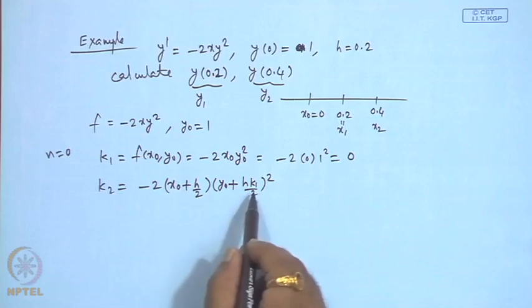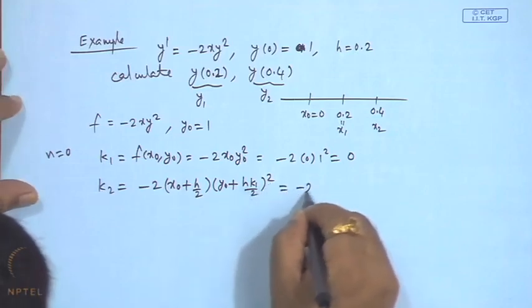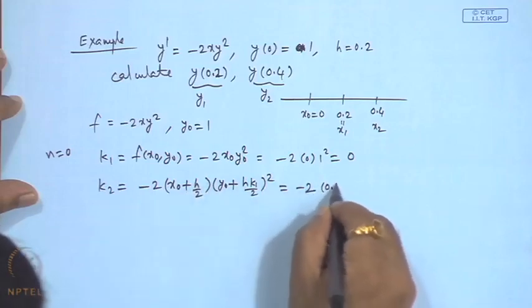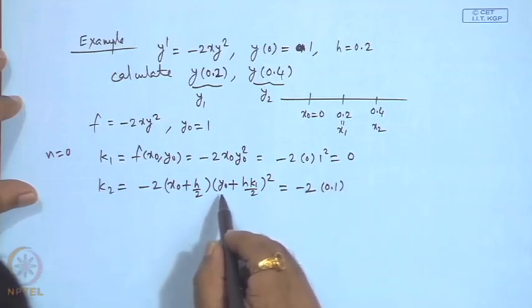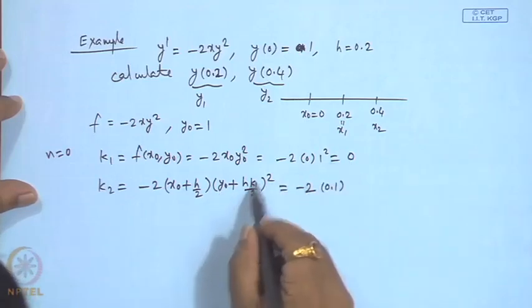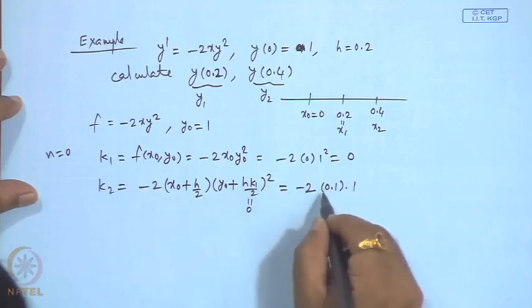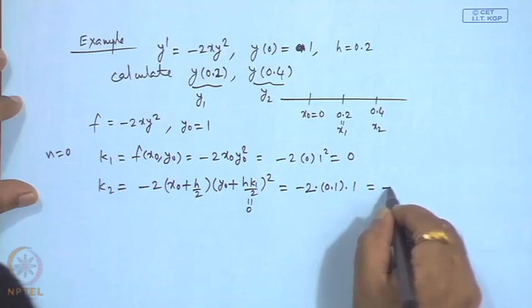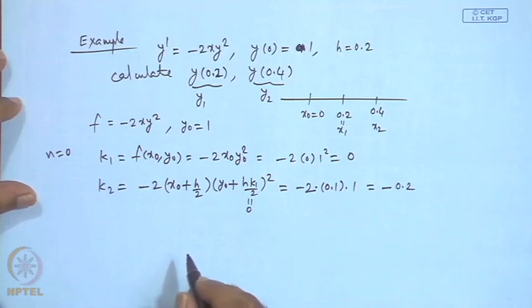Okay. So, this is what we get. So, this is equal to minus 2, x 0 is 0, h is 0.2. So, we get 0.1 there, and y 0 is 1 and k 1 is 0. So, this is 0. So, we get 1 there. So, this will be minus 0.2. Okay.